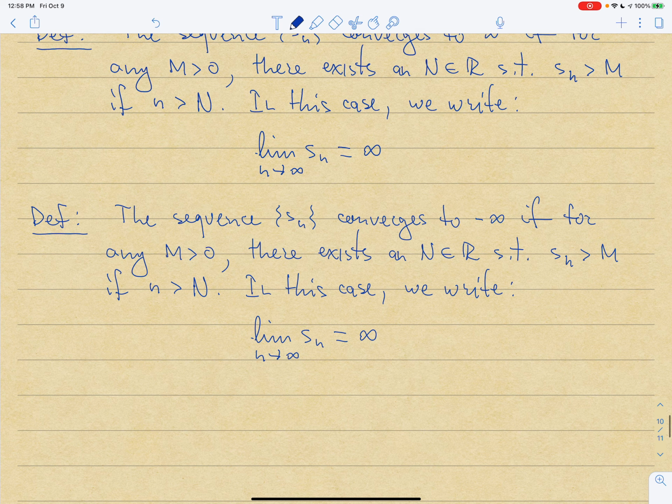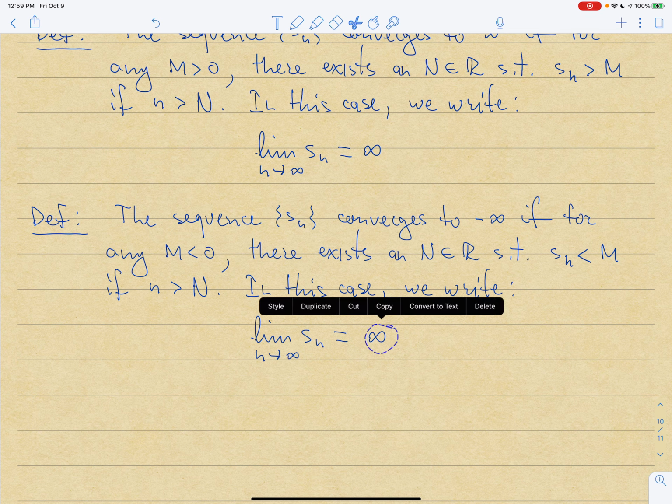So in this case, if I pick any m which is less than 0, then there will exist a capital N in R such that Sn is arbitrarily large and negative, so Sn must be smaller than m if n is bigger than capital N. And in this case, we'll write that the limit of Sn is equal to minus infinity.